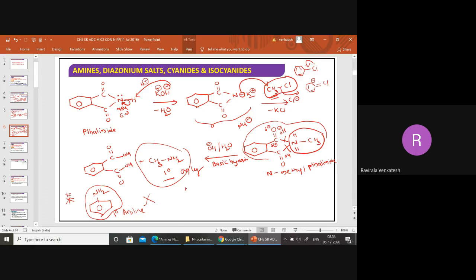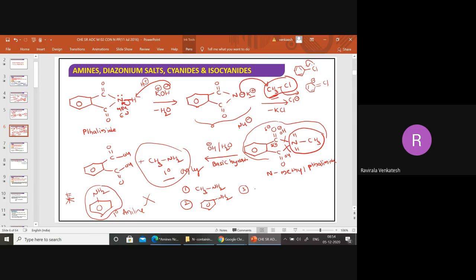In the Gabriel phthalimide synthesis reaction, which can be produced? If they give it like this: first, CH3NH2. Second thing, a secondary amine.